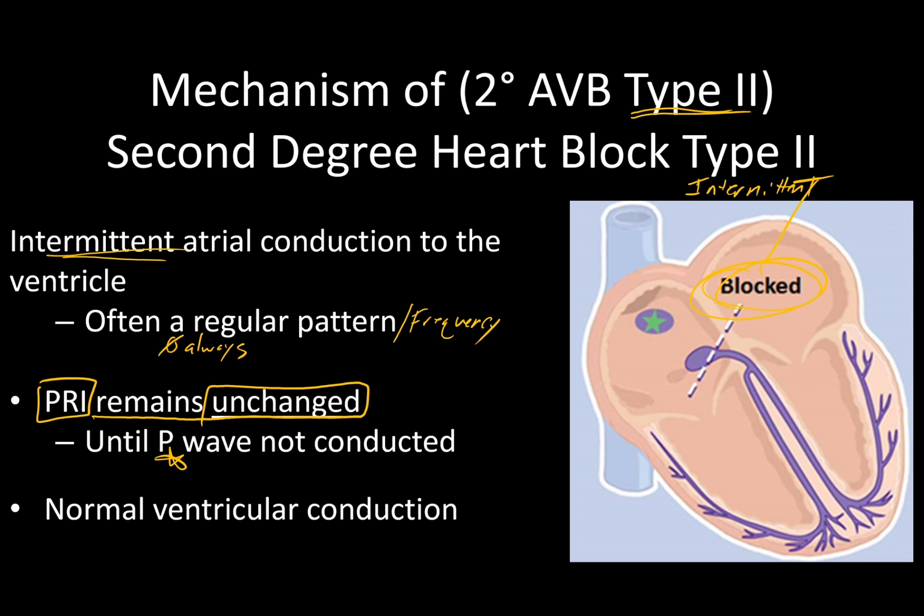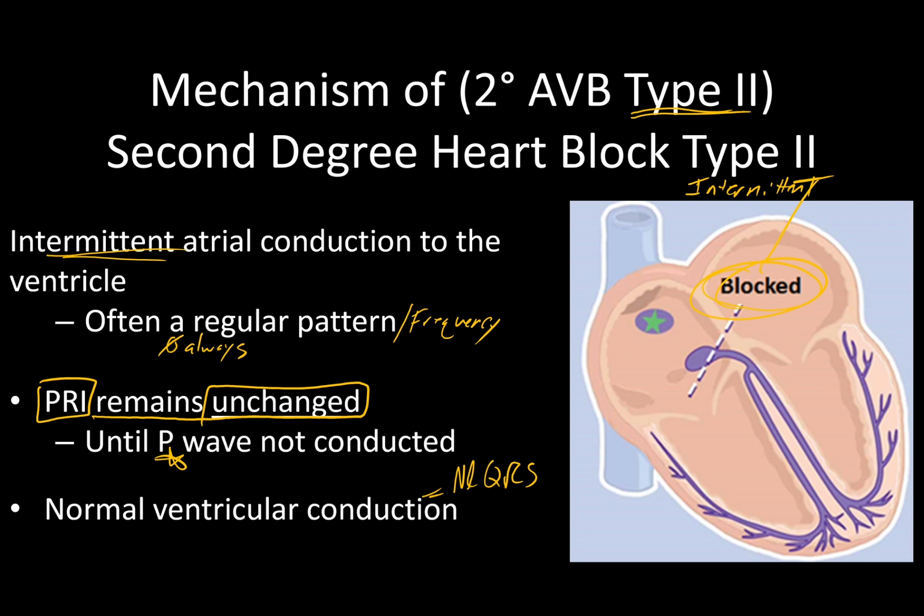And that's what separates this from second degree Type I, where in Type I you get that PRI that gets longer and longer till it drops. This one remains consistent all throughout. And also, you should have a normal QRS conduction.